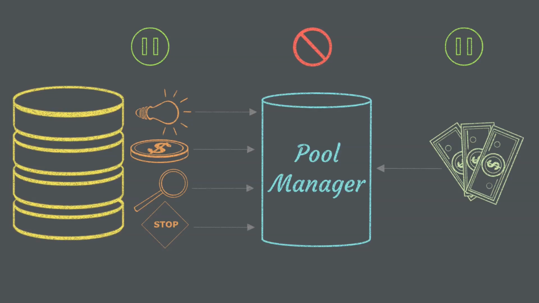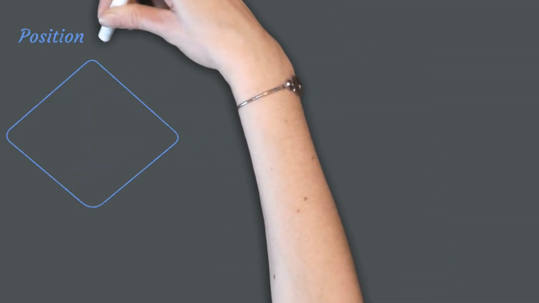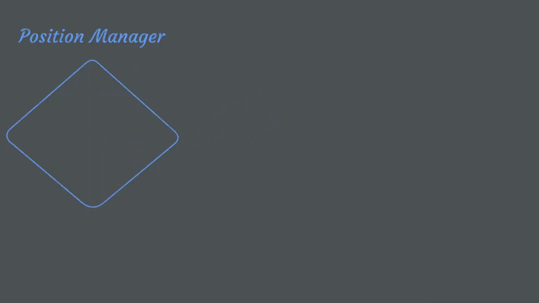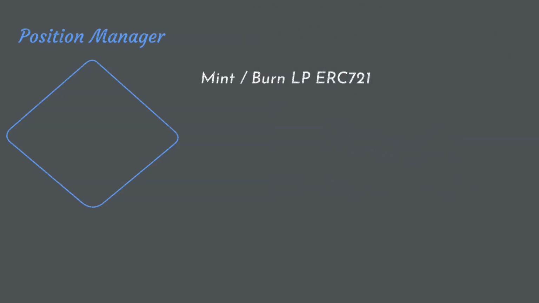Now, let's see how liquidity is managed in the Periphery Module. Uniswap 4 Periphery Module is powered by the Position Manager contract. This contract acts like the remote control for liquidity management, giving providers the tools they need to mint or burn their position tokens.